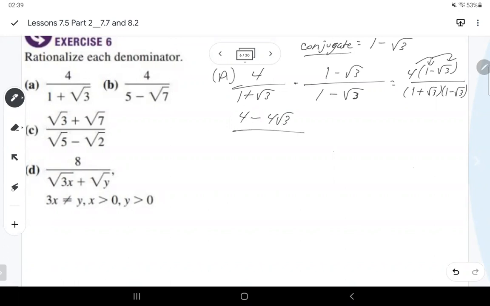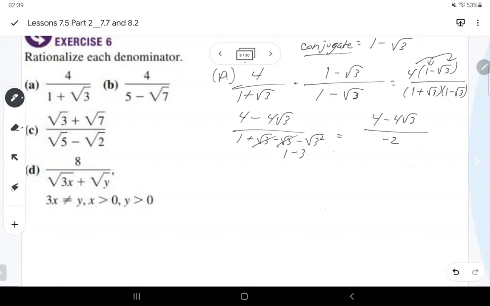And then you really should FOIL. So you would get 1 plus the square root of 3 minus the square root of 3 minus the square root of 3 squared. So that gives us 4 minus 4 square root of 3 over, the middle terms cancel, so we get 1 minus 3, which is a negative 2.